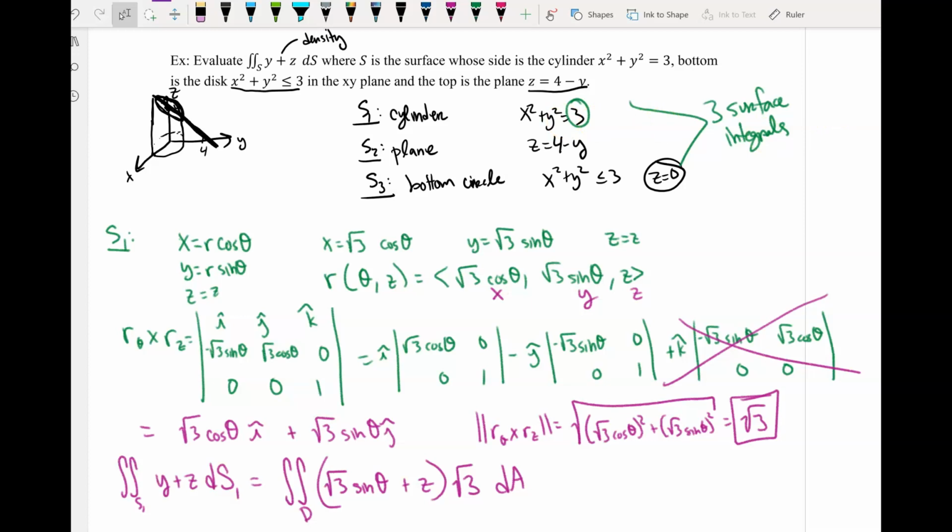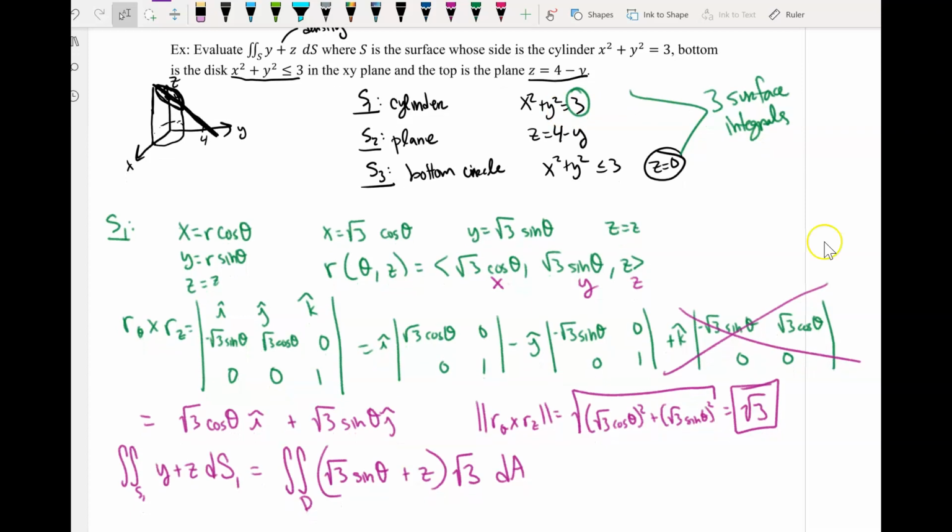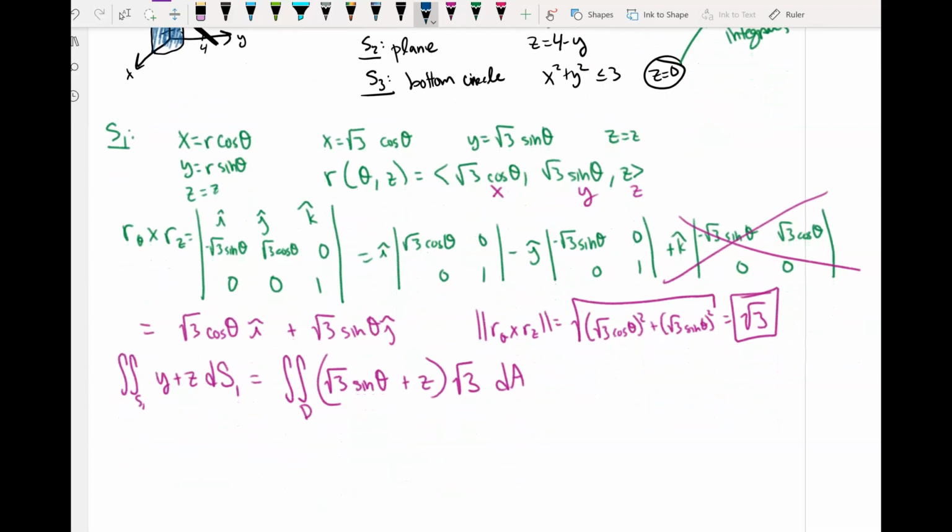So you can take a look at the inside of the cylinder. Let's look at the z values, because we need to figure out what our two parameters, z and theta, are. Now theta is easy because it's 0 to 2 pi.